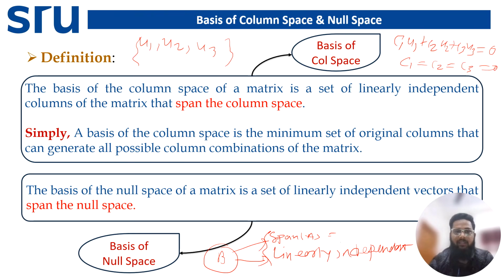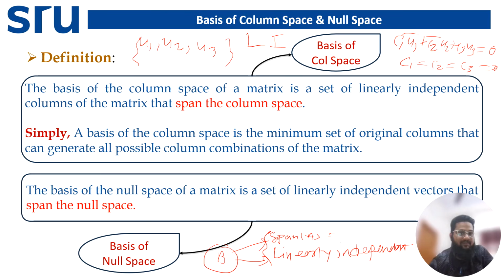This is the process to check whether vectors are linearly independent or not. If any of c1, c2, c3 is non-zero, then the vectors are not linearly independent. They are linearly dependent.